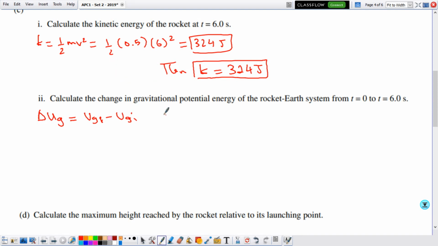We're gonna take the PE level to be the ground, which makes this to be 0 because initially we're at the ground, and the final gravitational potential energy with respect to the ground is given by mgh.